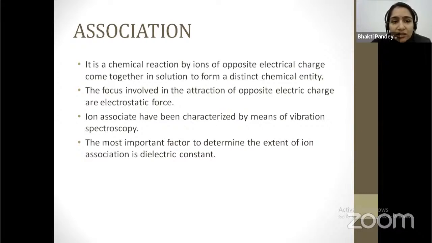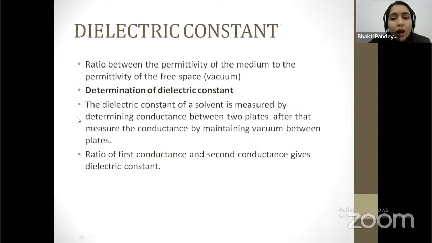So what is the dielectric constant, and how can it be measured or determined? The dielectric constant is basically a polarity index that helps us know whether our solute-solvent mixture, or our solution, is polar or not polar. Greater the polarity, greater the dielectric constant.